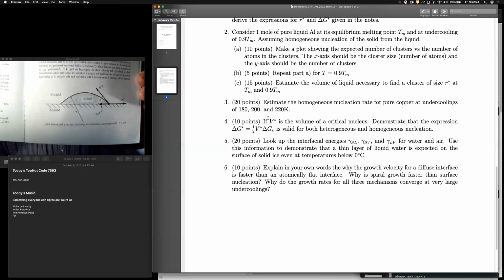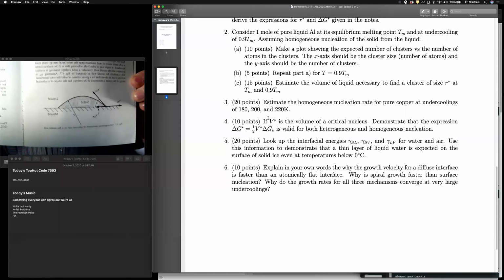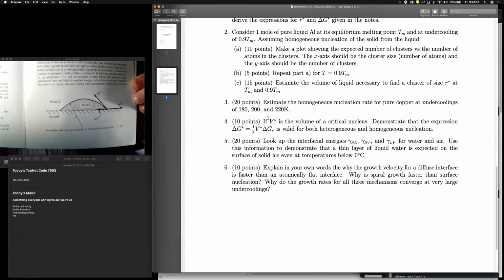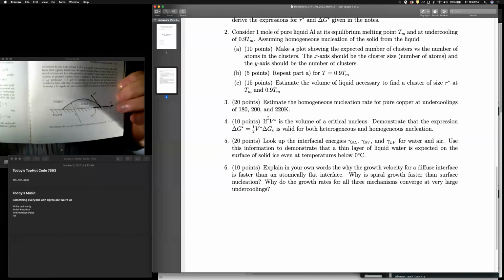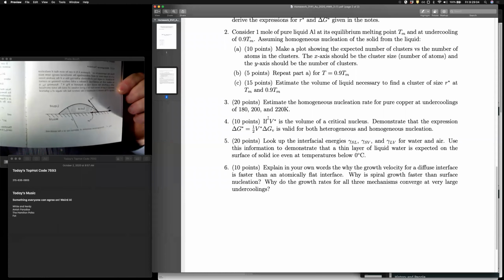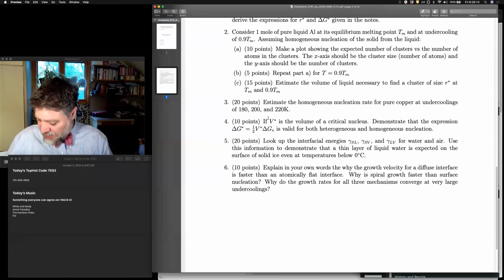So what you have to do then is calculate the volume of the spherical cap as a function of the contact angle, and that's where the trig gets really fiddly.